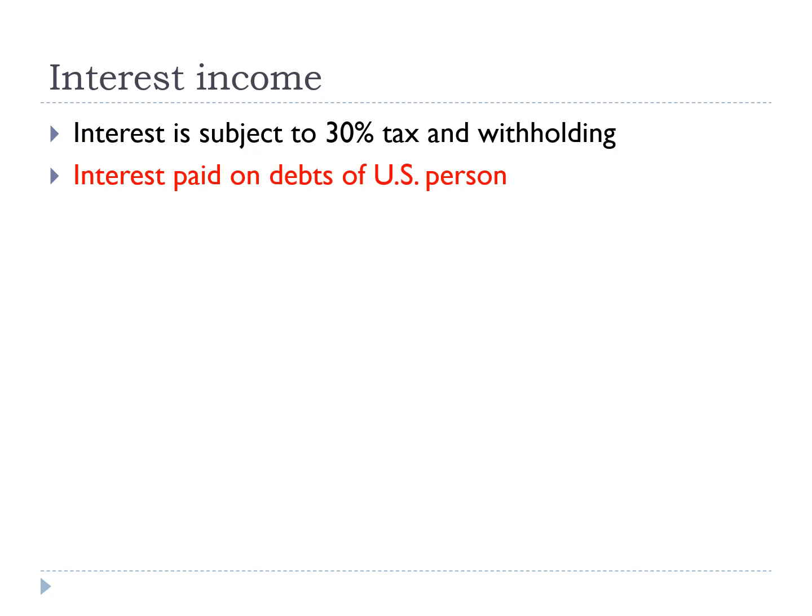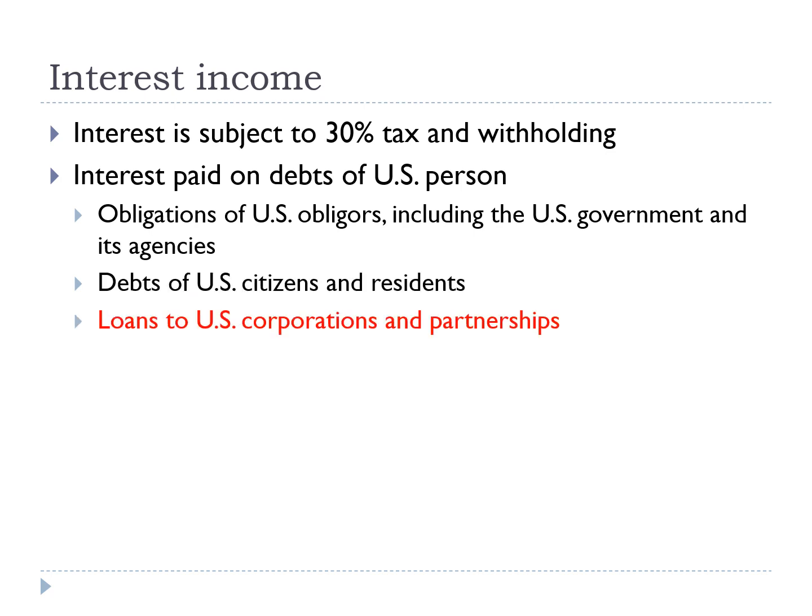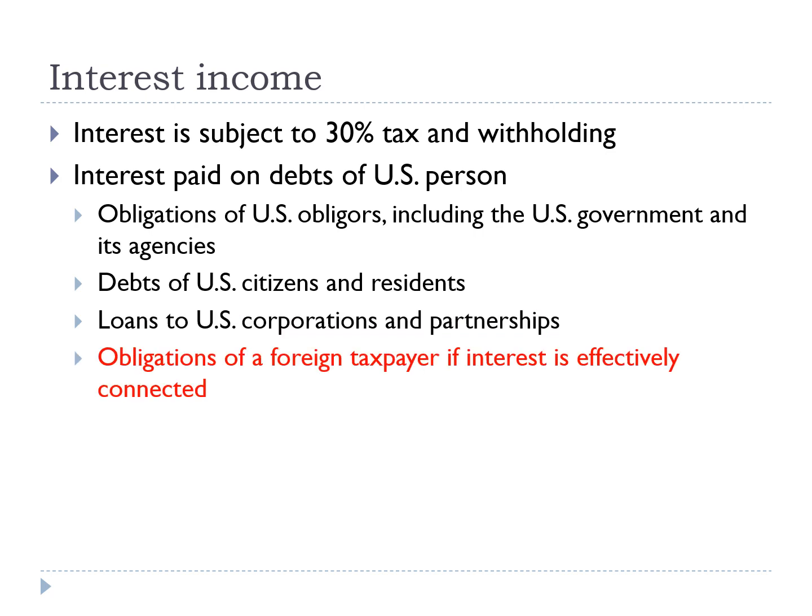This taxable interest is generally interest paid on the debts of a U.S. person, including obligations of U.S. obligors, including the U.S. government and its agencies, debts of U.S. citizens and residents, loans to U.S. corporations and U.S. partnerships, and the obligations of a foreign taxpayer if that interest is effectively connected with a U.S. trade or business of the foreign taxpayer.